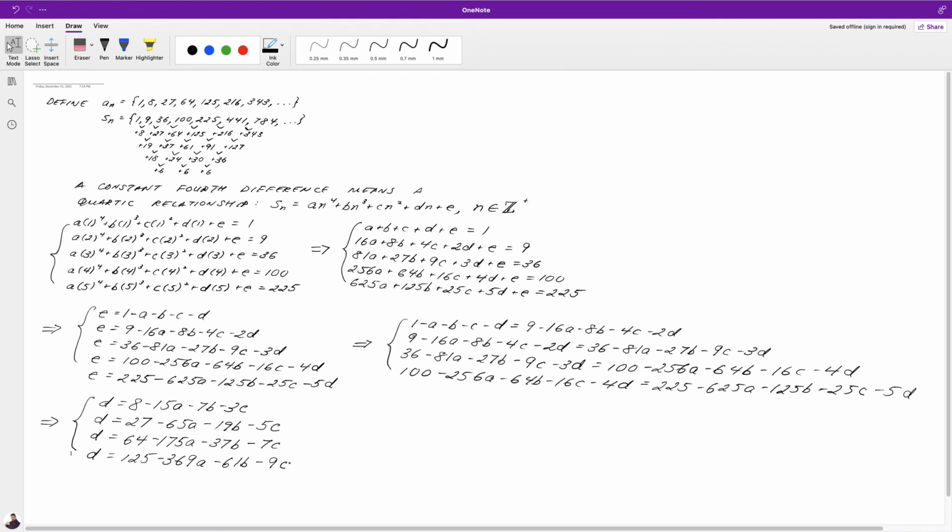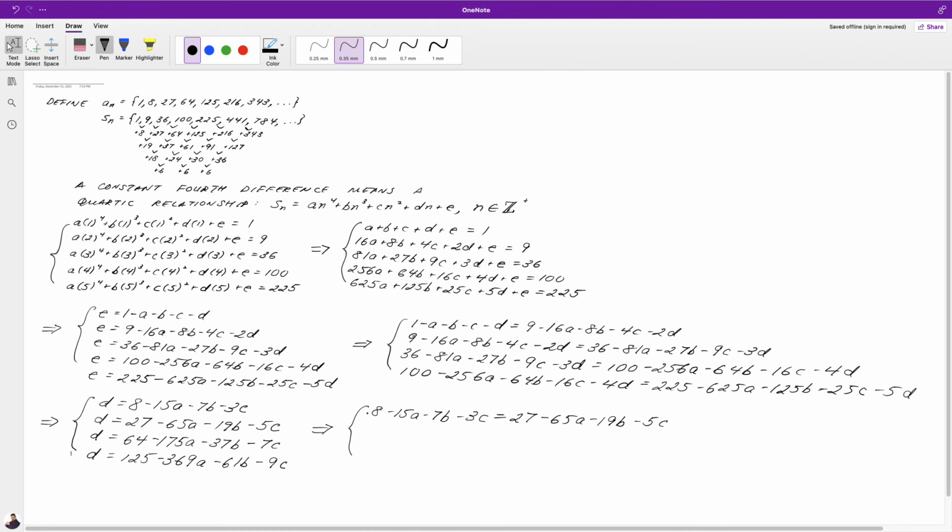Looks good. Let's now set D equal to D equal to D equal to D. Okay, reducing a 4 by 4 to a 3 by 3. Isn't that convenient? All right, so setting the top equation equal to the second equation, we're going to have 8 minus 15A minus 7B minus 3C is equal to 27 minus 65A minus 19B minus 5C.